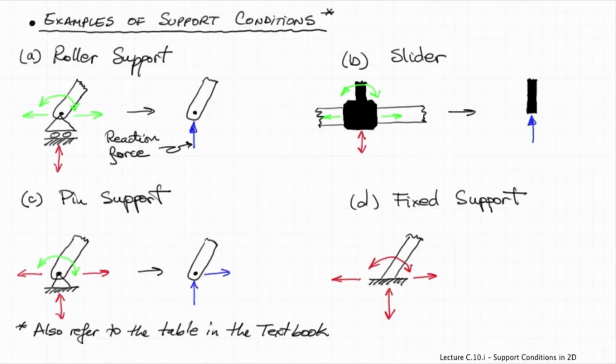So all the 3 degrees of freedom in 2 dimensions are not permitted. Therefore, the fixed support will be replaced with 3 reaction forces, 2 actual forces accounting for the blocked translations, and 1 moment force accounting for the blocked rotation.